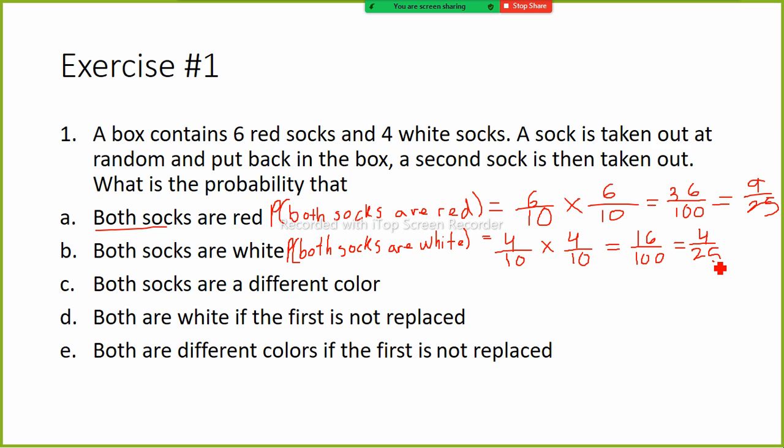Okay, probability that both socks are a different color. Go ahead, Deja. Sorry, I'm not even on that yet. I'm not gonna lie. Oh, so you want E? I'm still working. I just finished B. You just finished B?